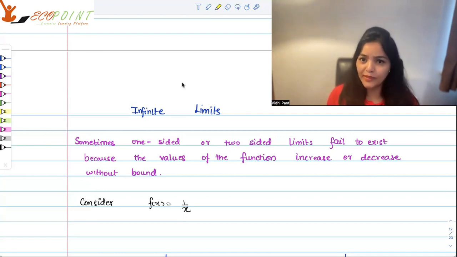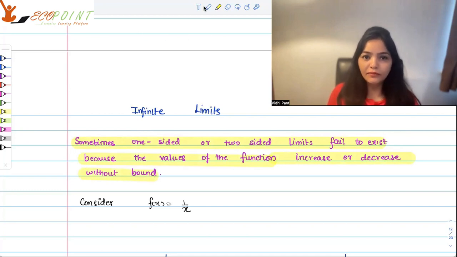So this happens sometimes, one-sided or two-sided limits fail to exist. And that's happening because the values of the function are increasing or decreasing without any bound. Let's understand it using examples here.